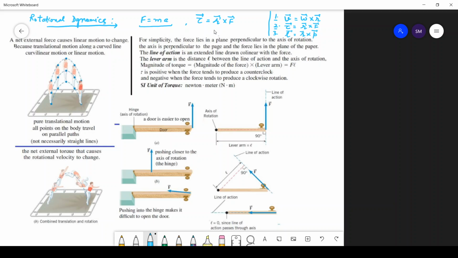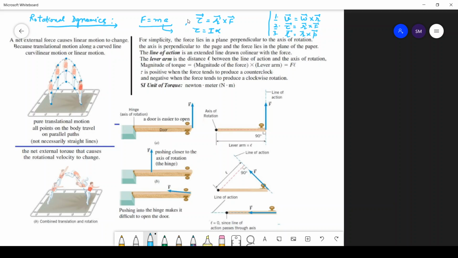So torque is equal to R cross F, and as an analogy, we'll have one more formula, that is torque is equal to, for M we will study moment of inertia I, into alpha.